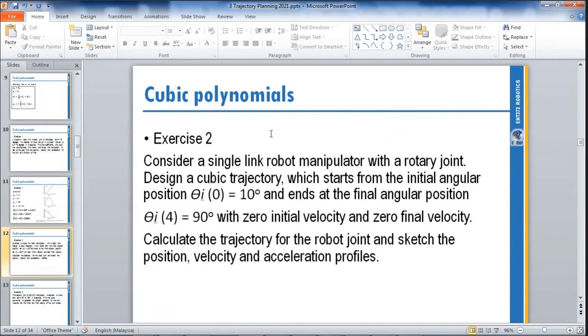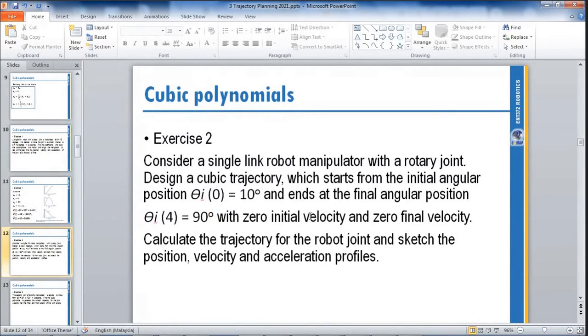This is another example. It is similar to exercise 1, but you can see that the starting position is at 10 degrees and it ends at the final angular position, which means your robotic arm stops at a position of 90 degrees.